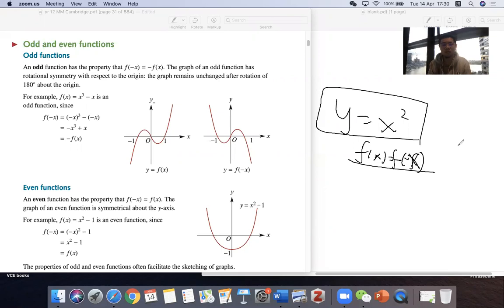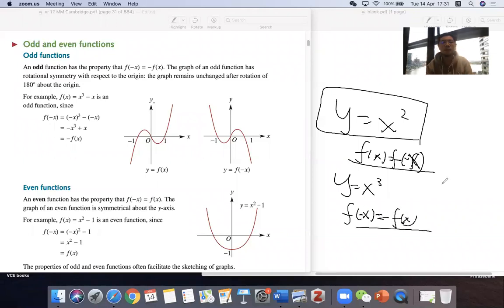And for odd function, it's actually rotational symmetry. Okay, this one is sine or a polynomial like x cubed, so it rotates. In this way, rotation symmetry. So an example is y equals x cubed. So it's f(negative x) equals negative f(x).